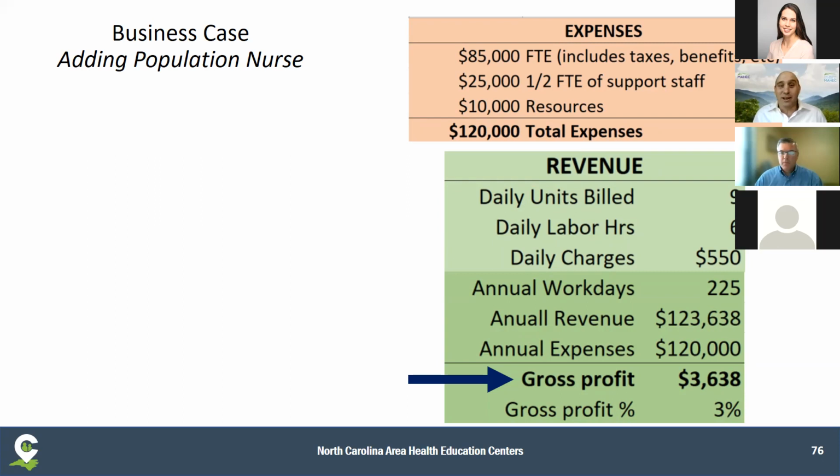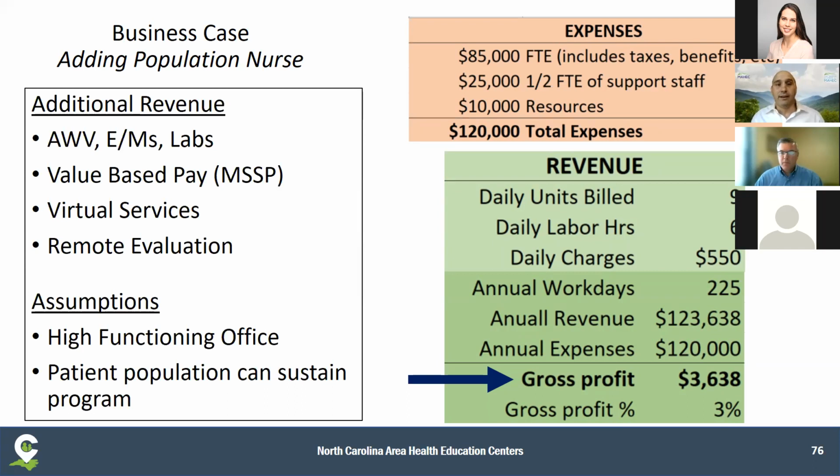This tells me I might break even on this model, and that tells me there's an opportunity here, and I think there's additional revenue to make not only break even but make 10% or maybe a 20% return on this investment, because we're going to get more annual wellness visits. Right, we're going to get more E&Ms. We're going to improve our quality measures just by taking care of our high-risk patients. And get a better Medicare shared savings bonus payment.